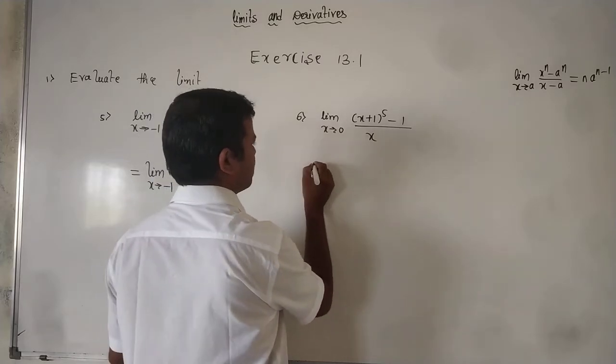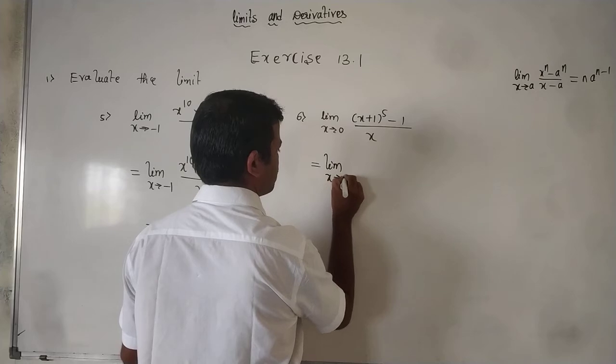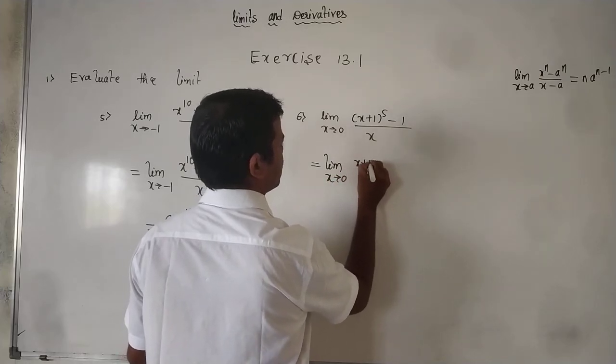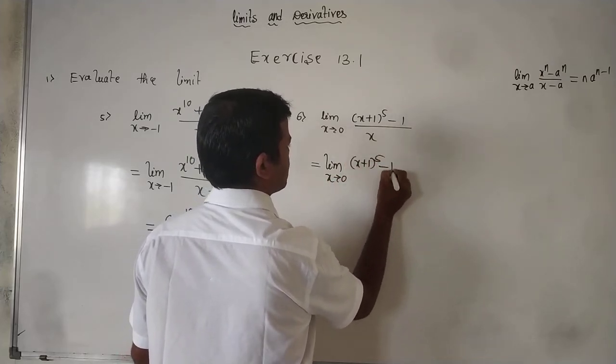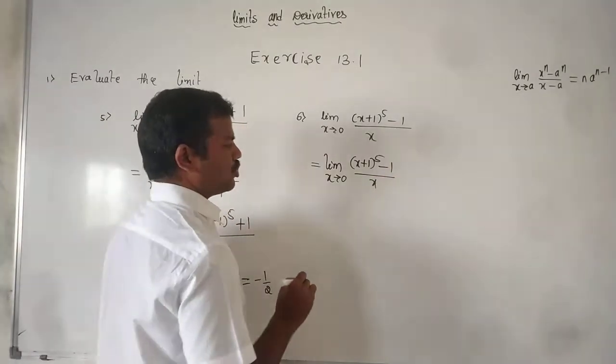We'll take the limit: limit as x tends to 0, (x plus 1) raised to 5 minus 1, divided by x. ಏನ್ ಮಾಡ್ರಿ, ಎಲ್ಲಿ x ಇತ್ತಲ್ಲ ಅಲ್ಲಿ 0 ಹಾಕ್ರಿ.